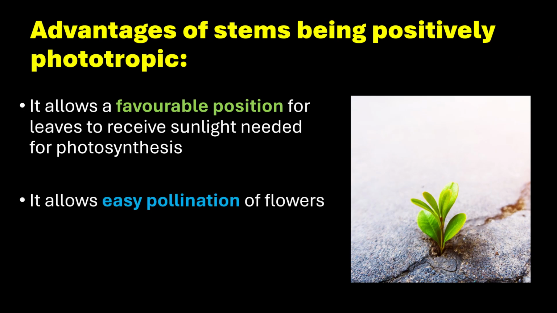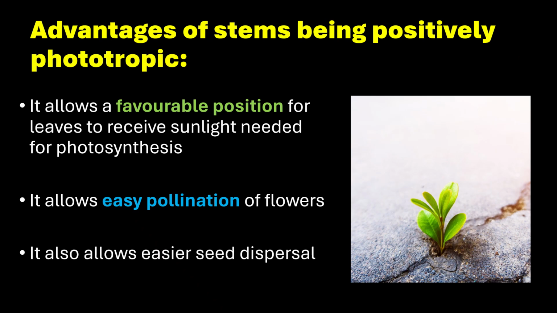It also allows easy pollination of flowers. And lastly, it allows easier seed dispersal. Dispersal means to scatter seeds. So that is the reason why stems are always positively phototropic, meaning they will always bend towards light, and they are doing so for those reasons on your screen.